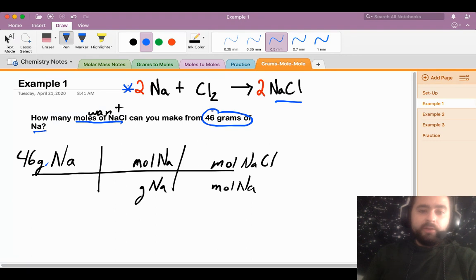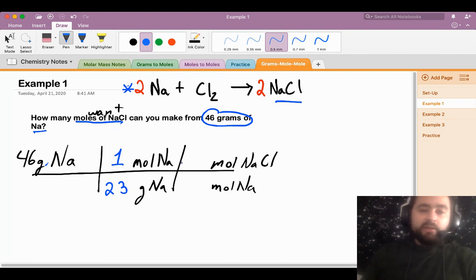So all I got to do now is put in my information. So this is the molar mass. And I'm going to get this from the periodic table. And from the periodic table, I know that 1 mole of Na has a mass of 23. So when you're doing molar mass, remember that the mole is always going to be 1. And the mass is whatever it says on the periodic table.